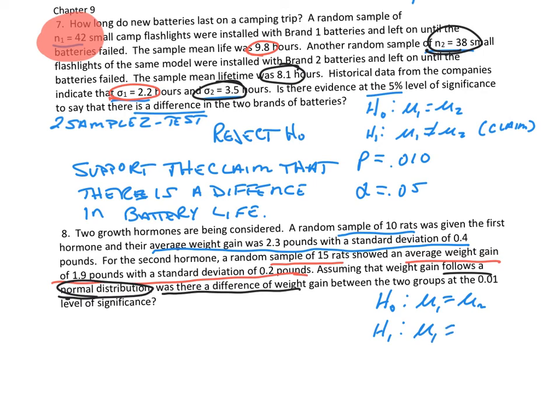Different. I'm looking for a difference, so the claim is the alternate. Now my standard deviations came from my samples, so this is going to be a 2 sample t-test.